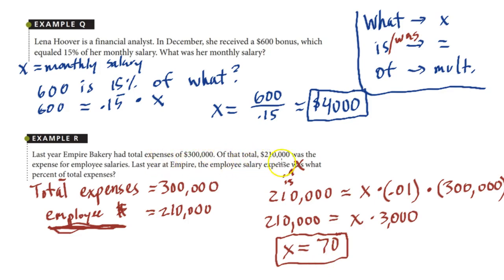Last year, the employee salary expense was 70%. You can insert 70 wherever you see the what, as we did in the previous video. So we've determined the percent: 70% of total expenses. What we've determined is 70% of 300,000 is 210,000. All right, so hopefully this makes sense how you apply this to word problems. It's a little challenging, but the structure is there. Let me know if you have any concerns.